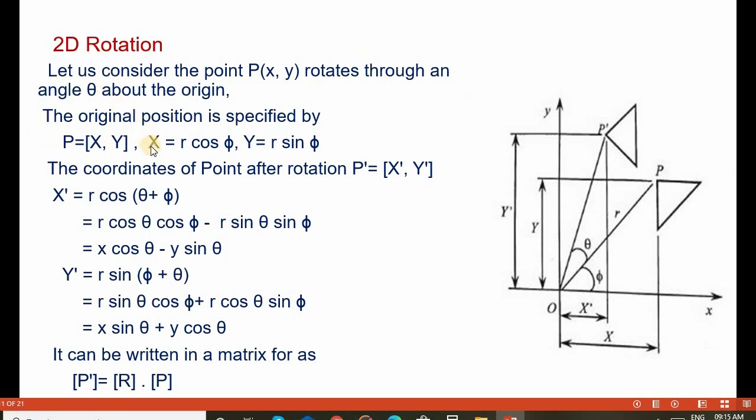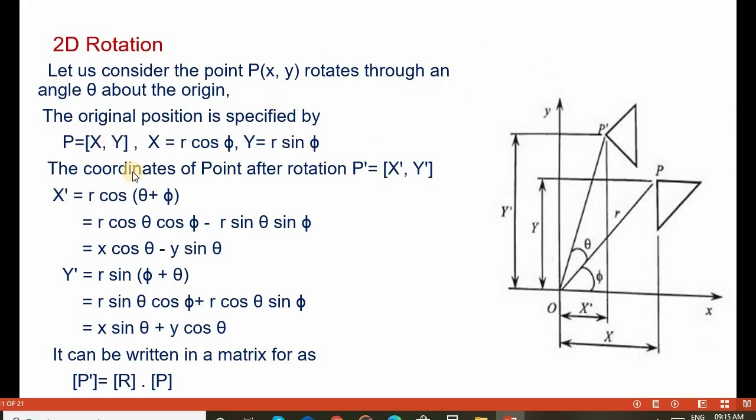Here x is defined by r cos phi and y by r sin phi. The image shows the x-axis, the y-axis, the original point x and the original point y. This is the object P, which has been rotated into the new object P dash.